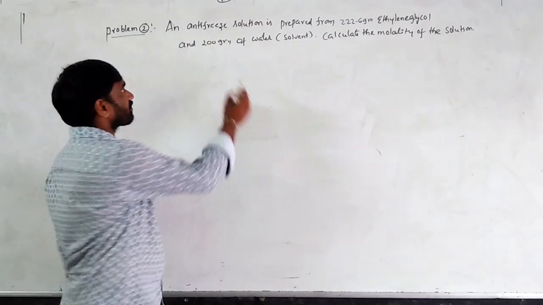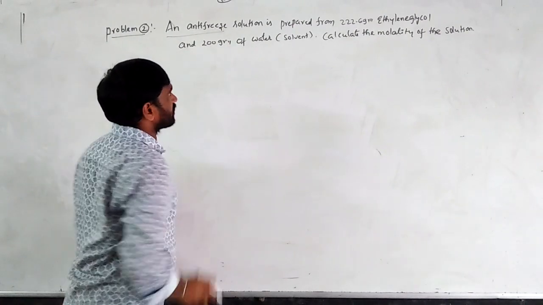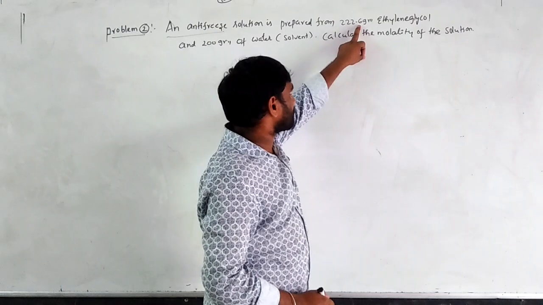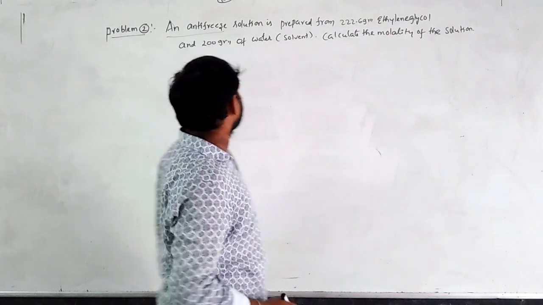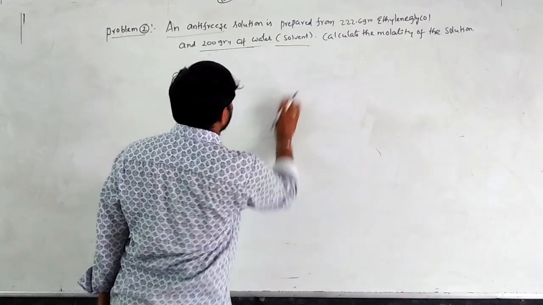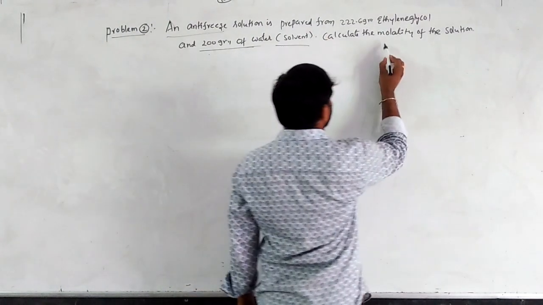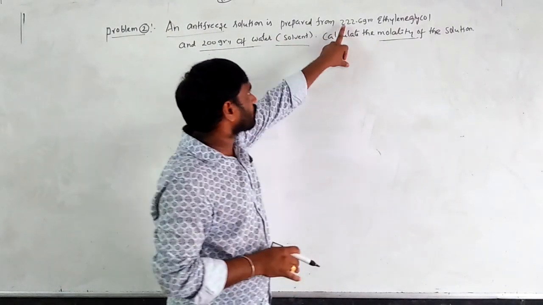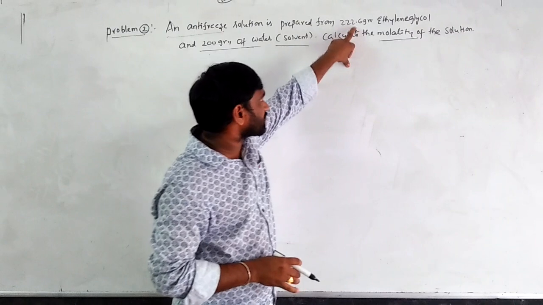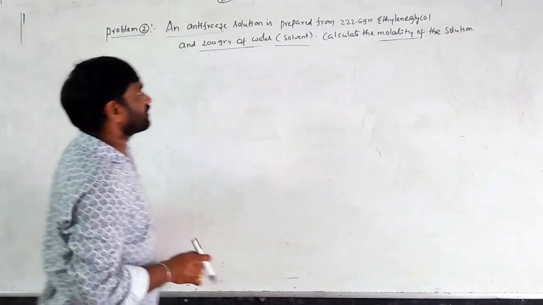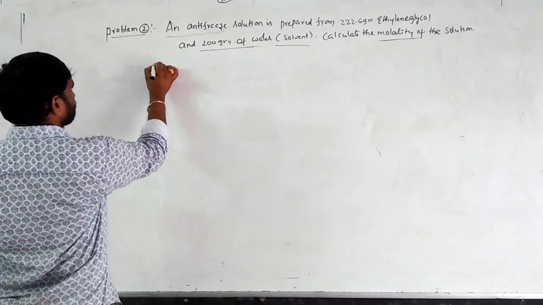Second problem. An antifreeze solution is prepared from 222.6 grams of ethylene glycol and 200 grams of water. Calculate the molality of the solution. So here weight of solute is 222.6, weight of solvent A is 200 grams.